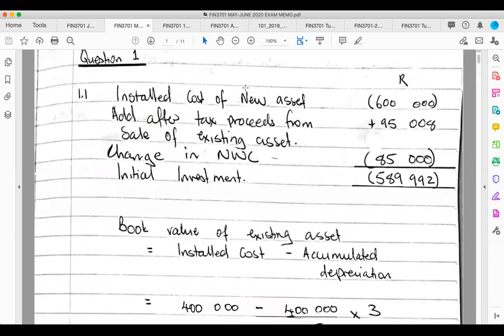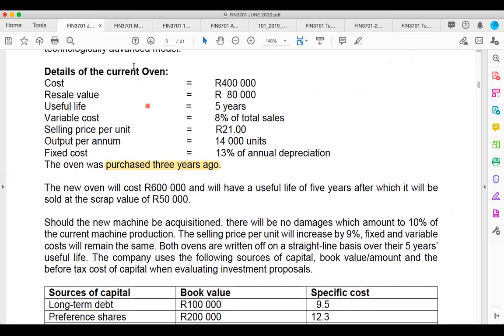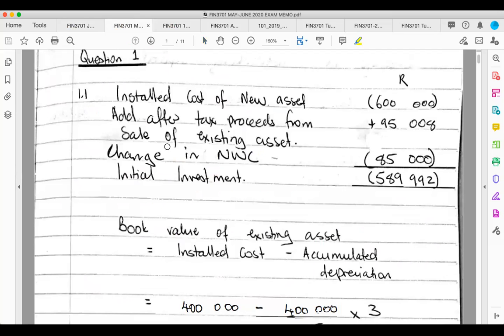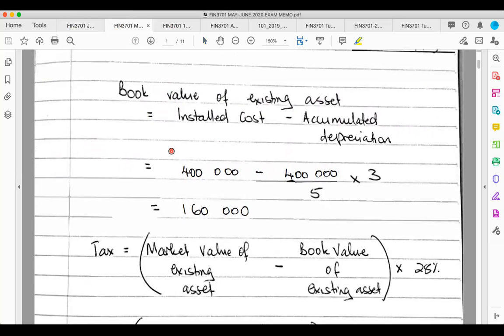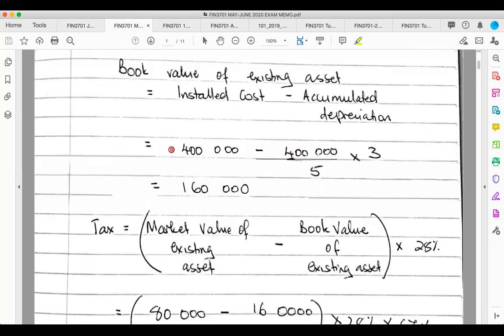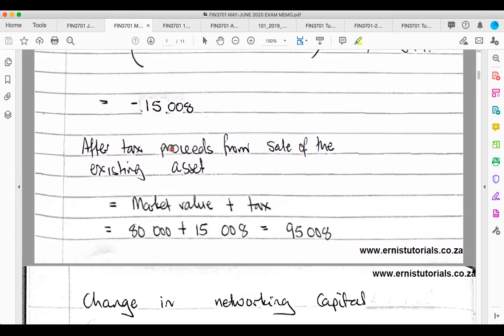Then after that, we have to calculate the after-tax proceeds from the sale of the existing asset. To get the after-tax proceeds from the sale of the existing asset, if you remember, we said that we need to use the following template, right? The formula is that we simply take the market value of the existing asset and then we add or subtract tax.